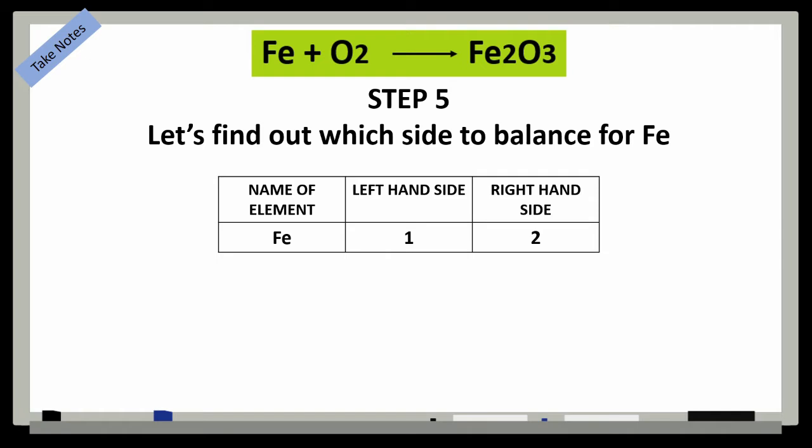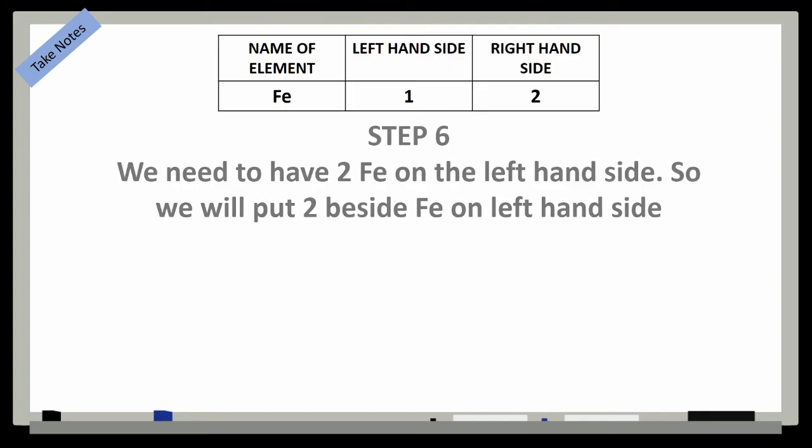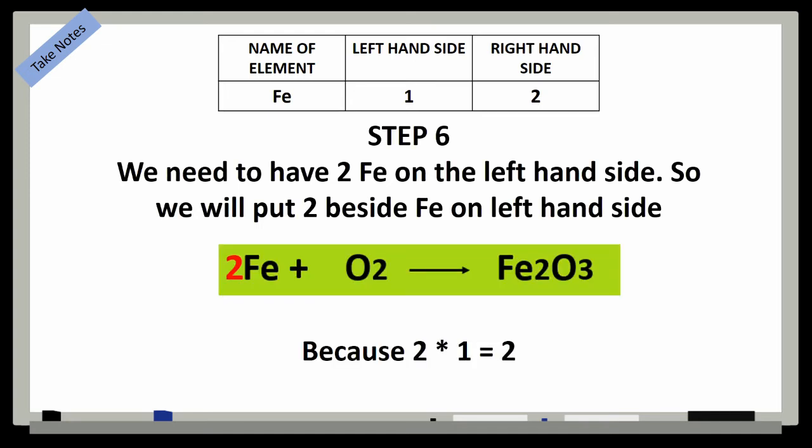So I need to balance the left hand side of iron in the equation. Since it is 2 on the right and 1 on the left, I'll simply multiply iron with 2, because 2 ones are 2. So I'm multiplying Fe with 2. This is the modified equation: 2 into Fe plus O2 gives Fe2O3.